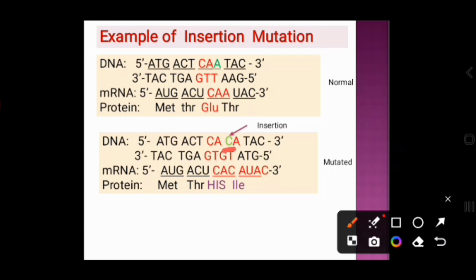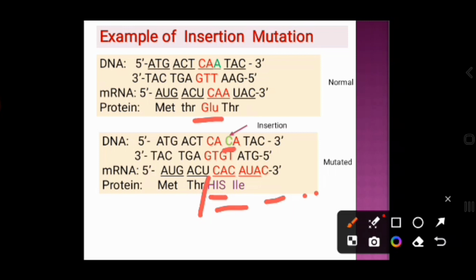As a result, when the mRNA is synthesized, the CAA specifies the amino acid glutamine, whereas the CAC specifies the amino acid histidine. So there is also a change in the amino acid sequence.